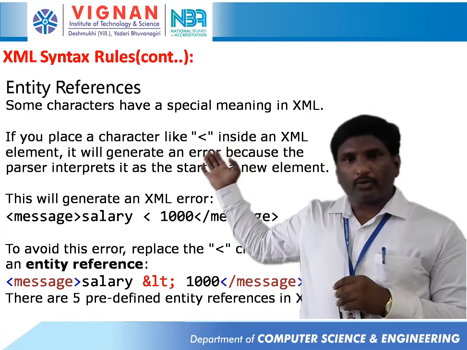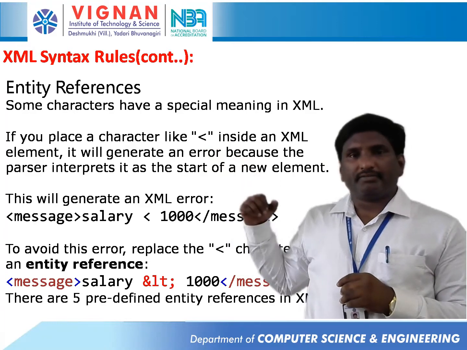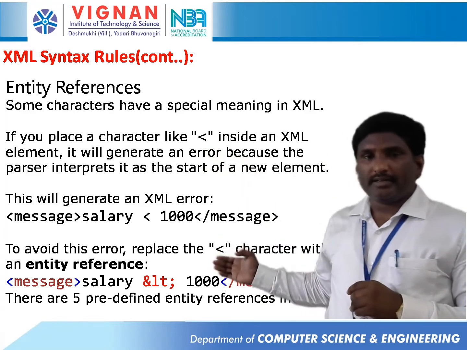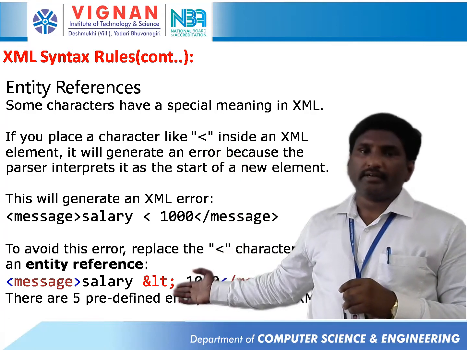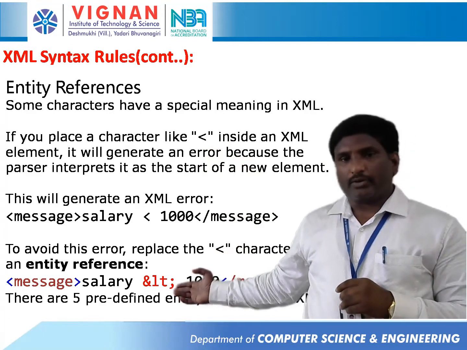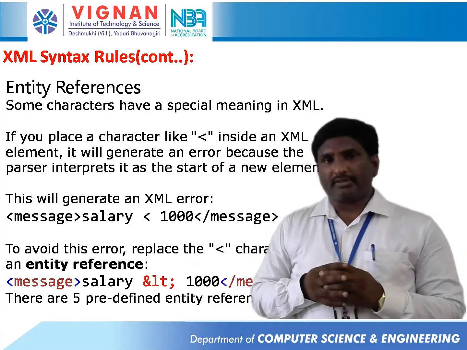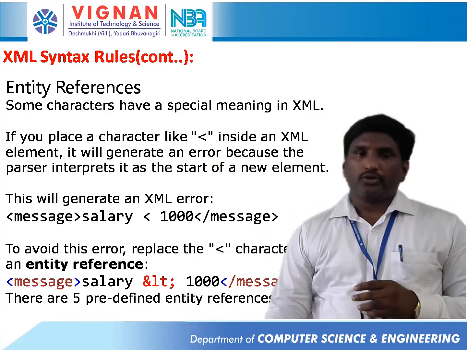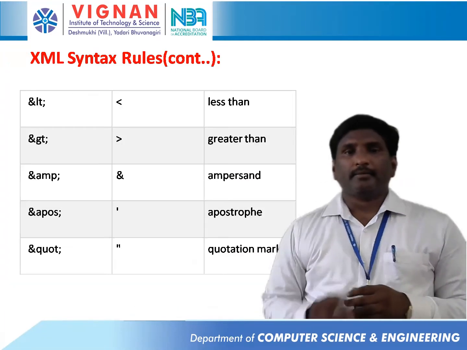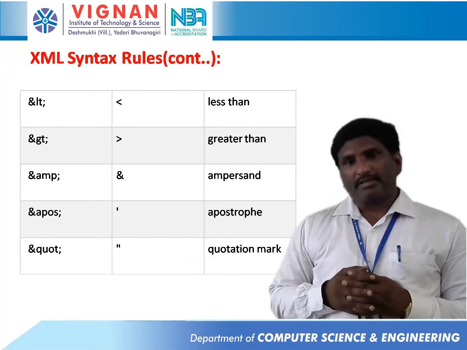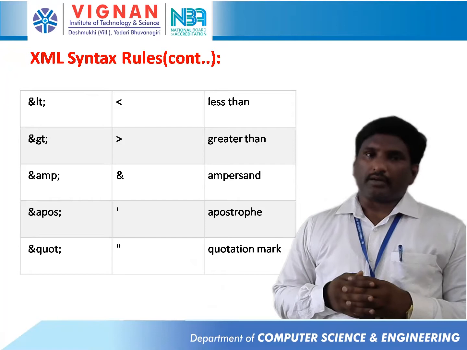apostrophe and double quotes within the text, we should write entity references. Instead of writing less than, we should write ampersand lt semicolon. There are 5 predefined entity references in XML: less than, greater than, ampersand, apostrophe, and quotation mark.